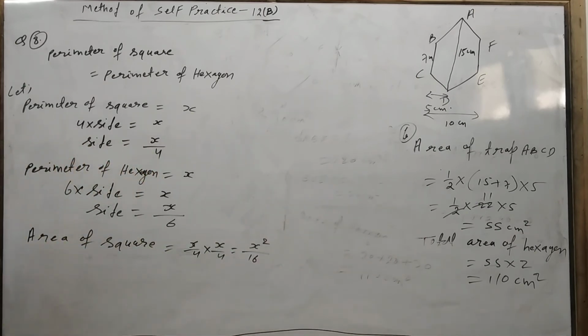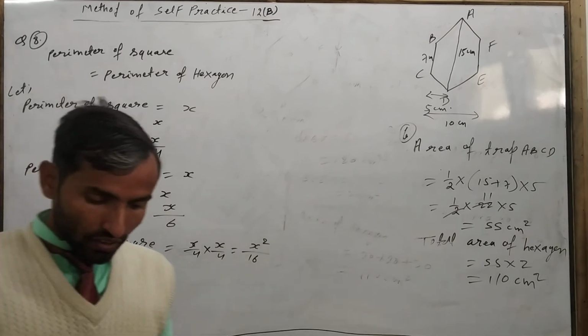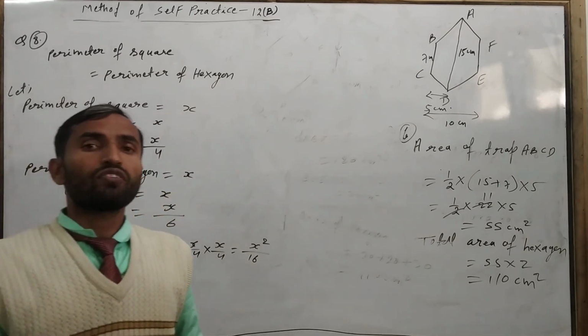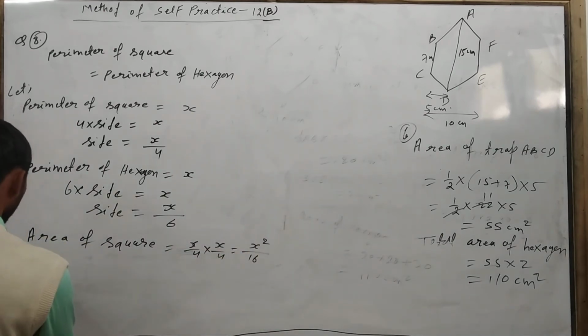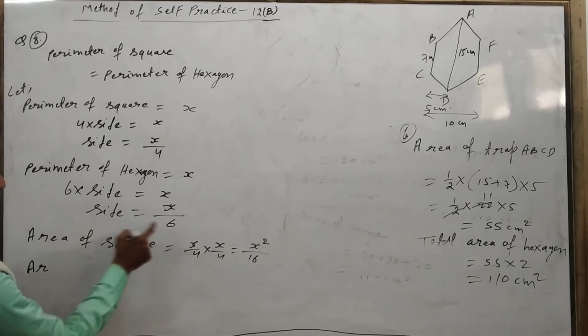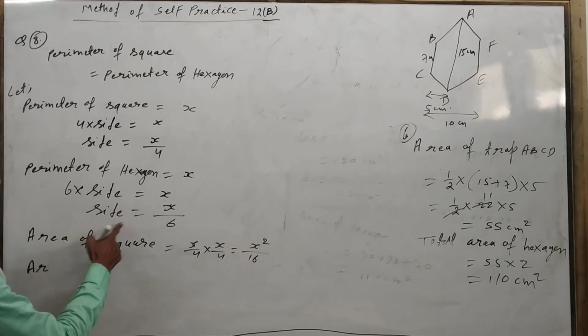Now we have to find the area of the hexagon. How do we find it for a regular hexagon? We find the area of an equilateral triangle and multiply by 6. The side we will use is x upon 6.